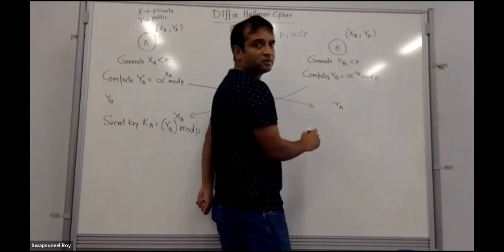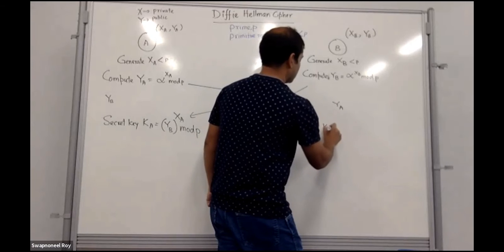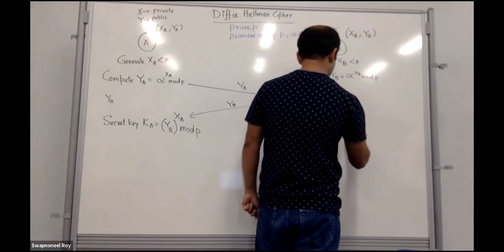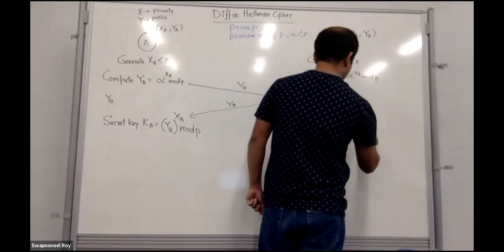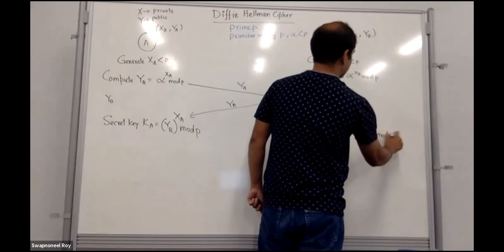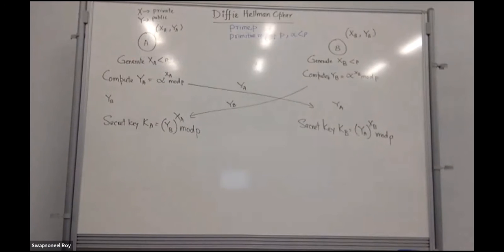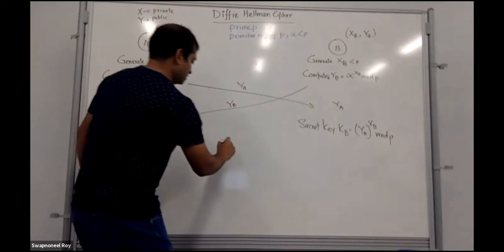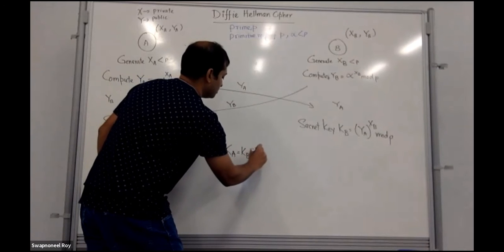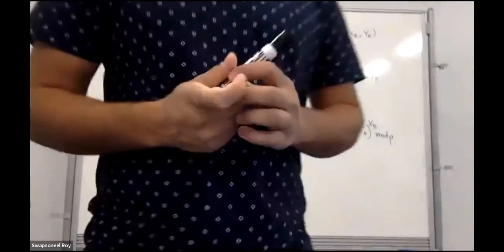Simultaneously Bob computes the secret key KB on his side, equal to YA raised to XB mod P. Okay, I claim that KA equal to KB equal to K is the secret key shared between these two parties at this point of time.